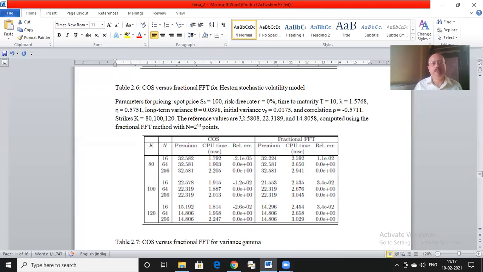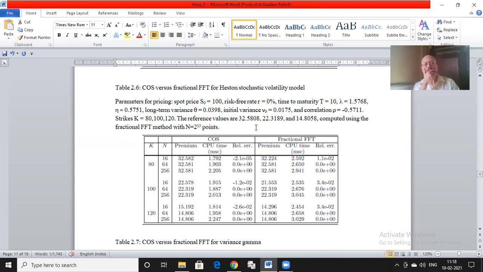Again, 3 alternative strikes are considered. The reference values, the supposedly correct prices, are computed using a fractional FFT with n equal to 2 to the power 15 points. So this is like huge, and you can safely take it as the theoretically correct value. Those theoretically correct values are 32.58, 22.3, and 14.8058.